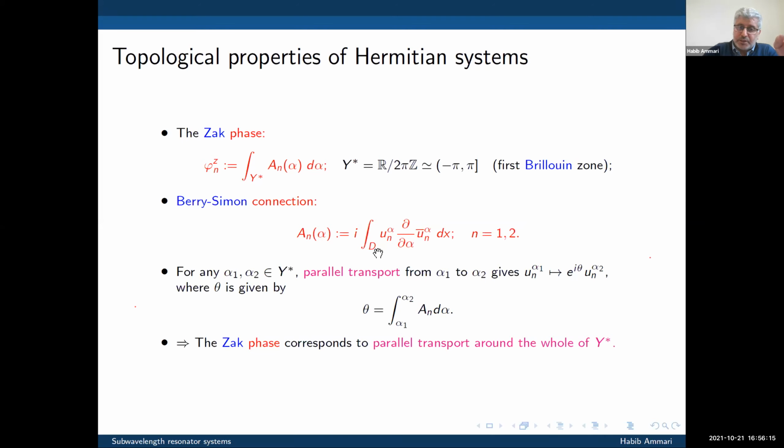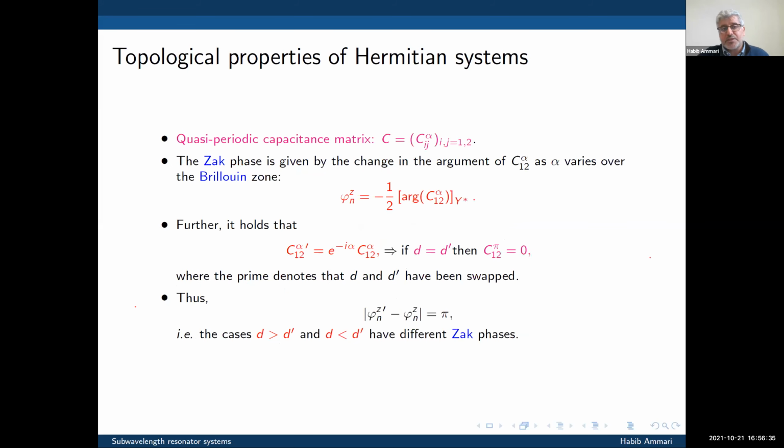So you integrate over the resonators. This D is the union of D1 and D2. Then you integrate this Berry-Simon connection over the whole Brillouin zone, and you get a phase. It's called the Zak phase, which corresponds to the parallel transport around the whole Brillouin zone.